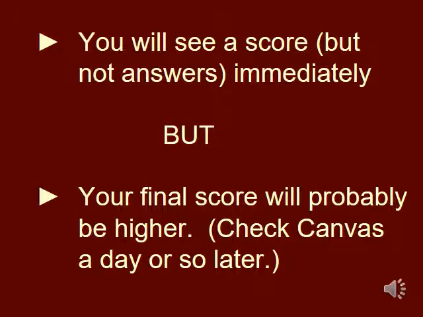When you take the test, you will see a score immediately. You're not going to see the answers on the test, but you will see a score that the computer automatically gives you. I want to caution you, though, that your final score is likely to be higher than what the computer tells you it is. That was also true with the quizzes that you had for a couple of reasons. One of them is that a lot of things I will actually count as half wrong if you miss it, but that's not an option when I'm setting up the automatic scoring.